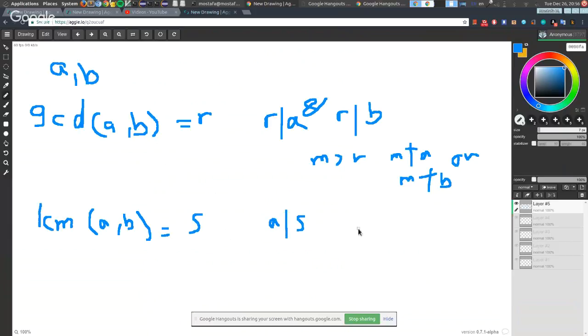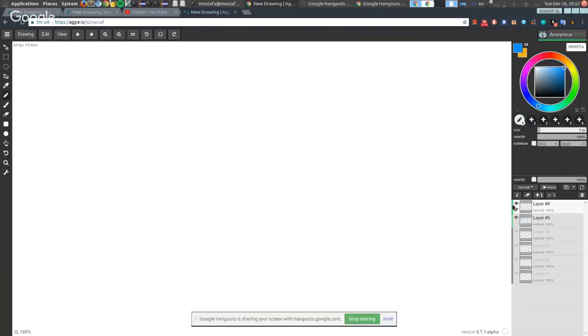A divides S, and B divides S. And if some number is smaller than S, then A doesn't divide it, or B doesn't divide it. So here we can see that it's the smallest number that is divisible by both A and B.